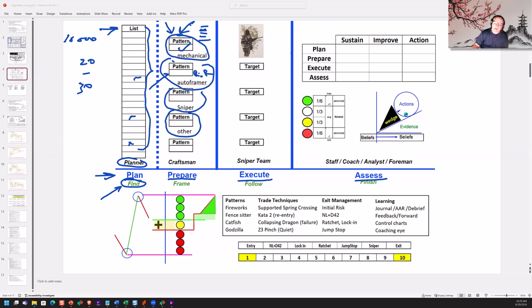Now, from that, we decided to expand into the sniper and say, now, if we bring in a certain category of patterns, and then we use specific trade techniques on how to trade those patterns, we're going to actually combine planning and craftsmanship into the execution phase.